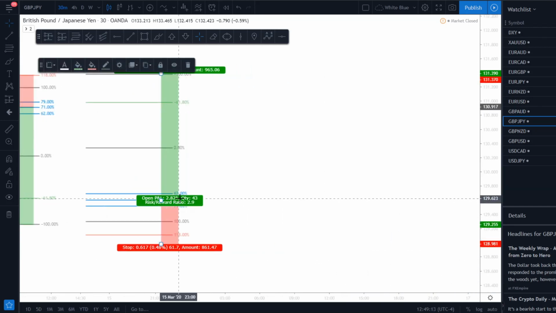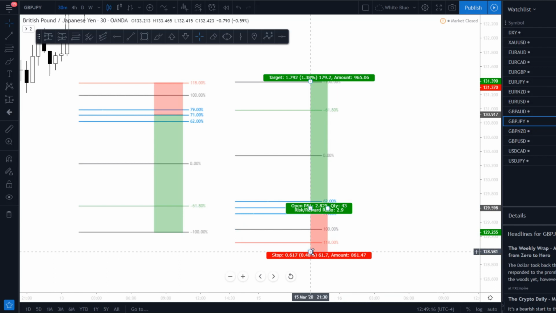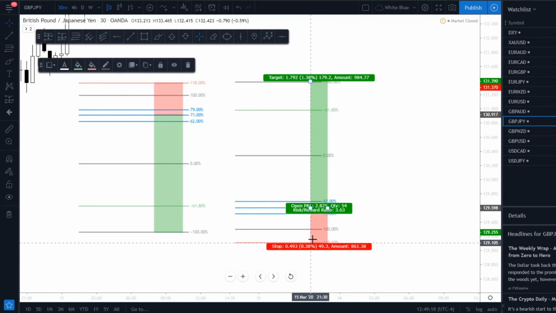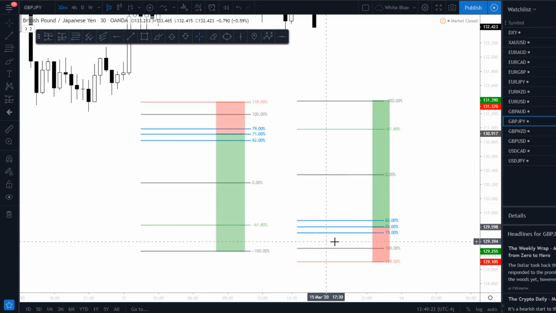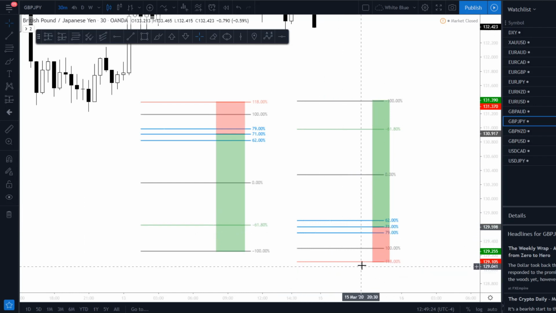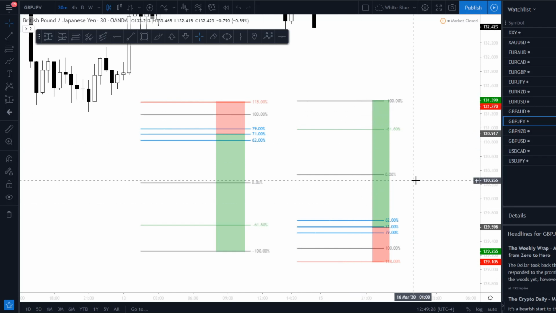Yep, there we go, red line. So it's super simple. You're entering around the blue area, and your stop loss goes at the red one, and your take profit goes at the other ones. It's super easy to follow.